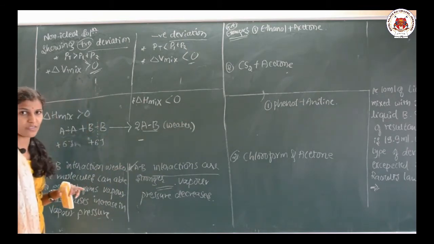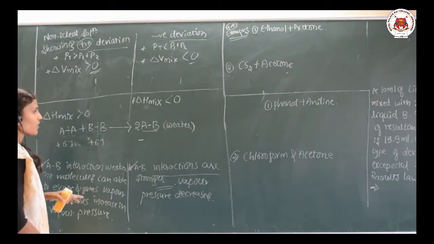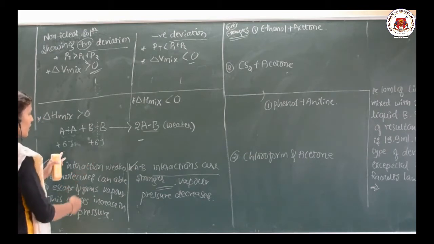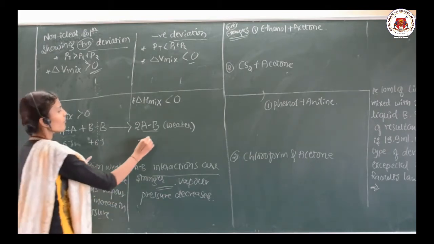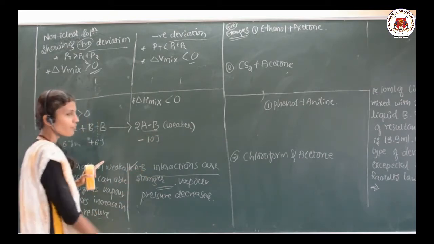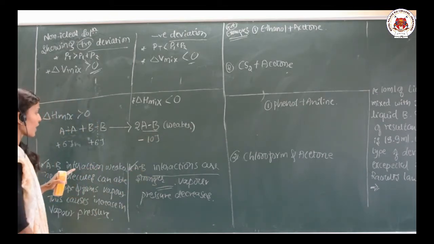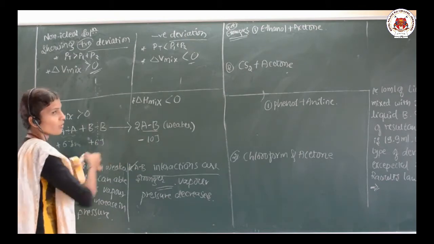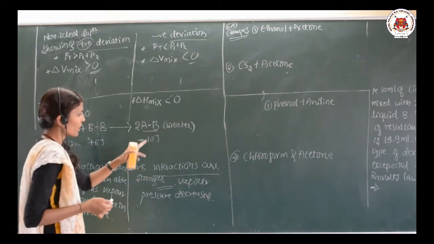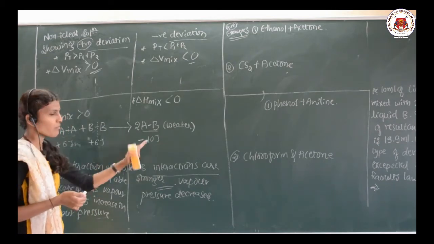AB interactions are weaker means instead of getting 12 joules, I am going to get 10 joules. It must be 12, but since AB interactions are weaker, I take minus 10.